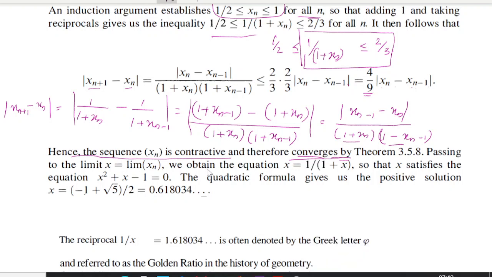So this sequence converges. Now, when you're finding the limit of this sequence, we will get an interesting result. We will say the golden ratio, right?